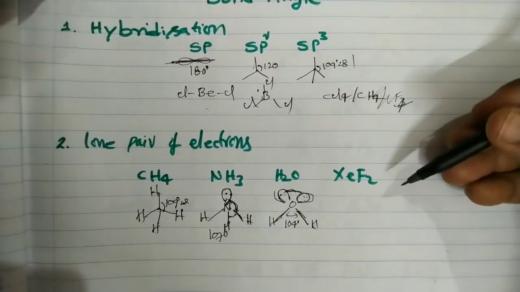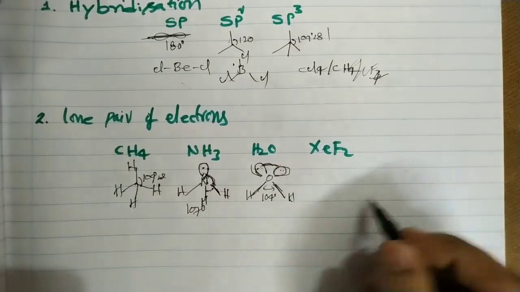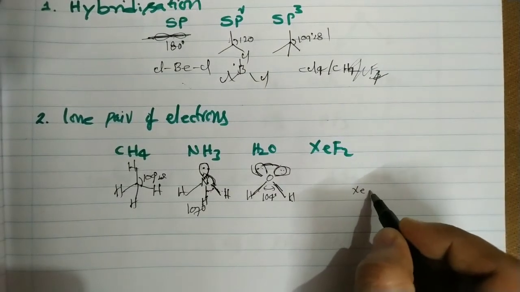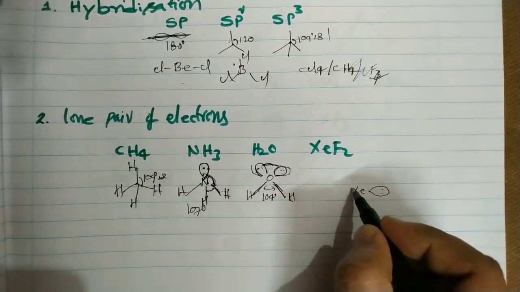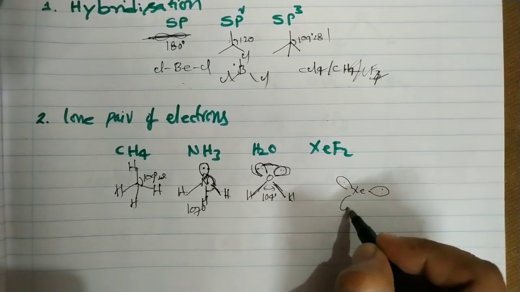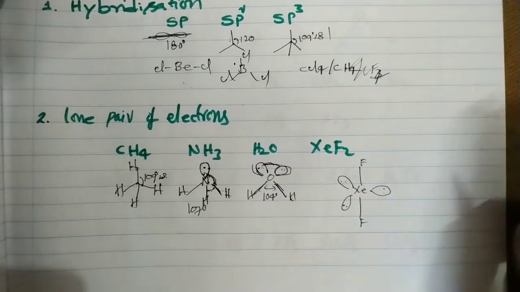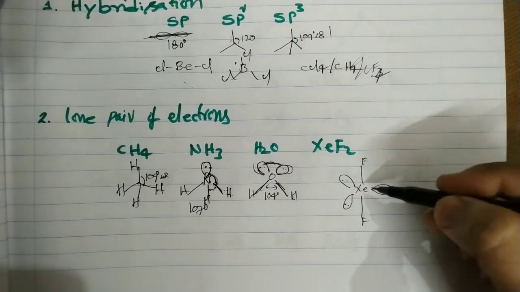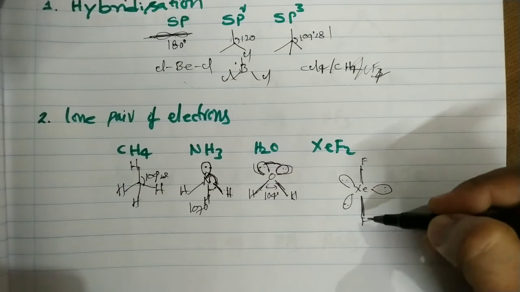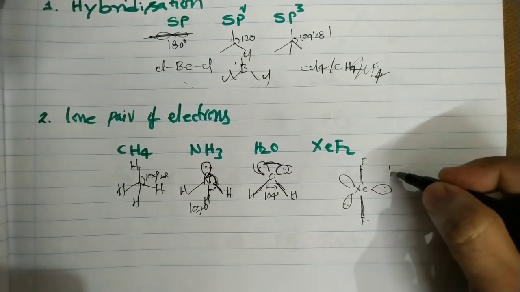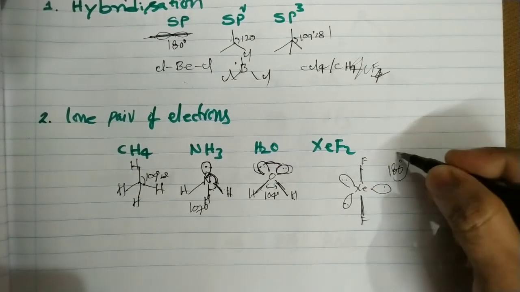Now we come to the XeF2 molecule. In the XeF2 molecule, there are three lone pairs of electrons. Here fluorine, here fluorine. This is actually linear. XeF2 has a linear shape, so the bond angle is 180 degrees.